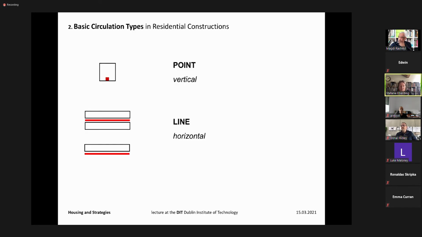So the basic circulation types in residential construction, you can differ like in point and line, like vertical circulation and horizontal circulation types of housing.